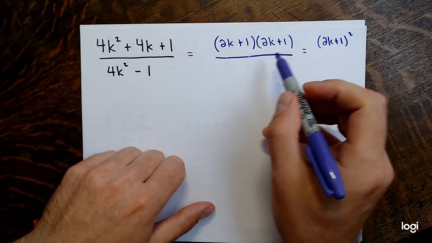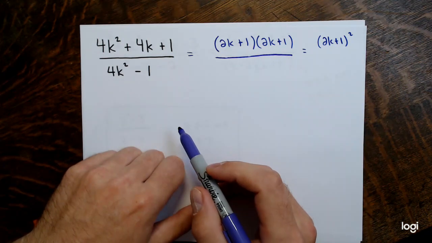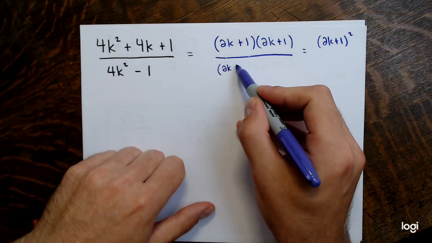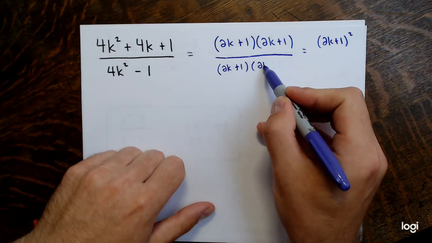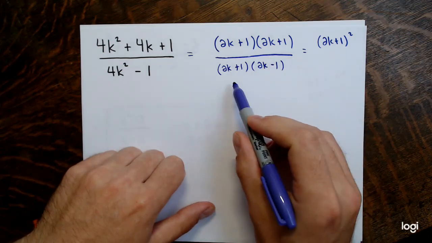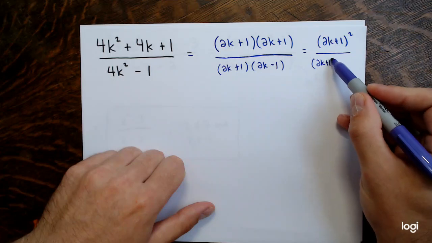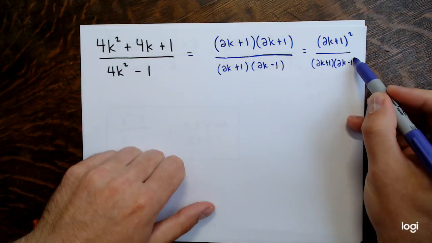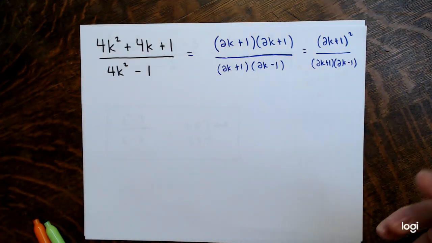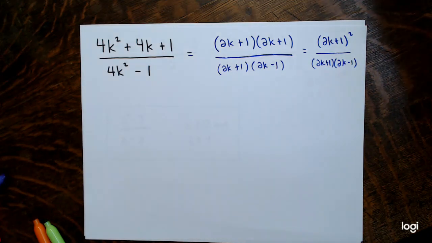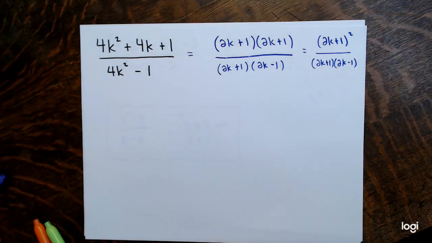Divided by, and then 4k squared minus 1 is one of those difference of two squares. That would factor to 2k plus 1 times 2k minus 1, and you can double check. And when the denominator is factored completely, it's very easy to see.